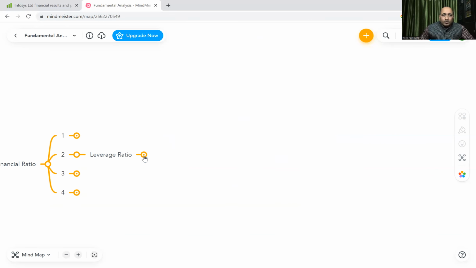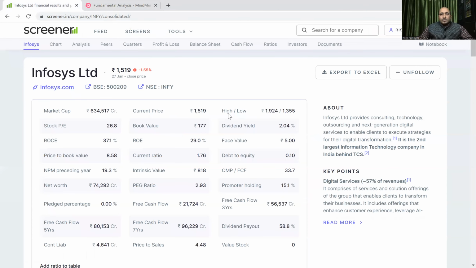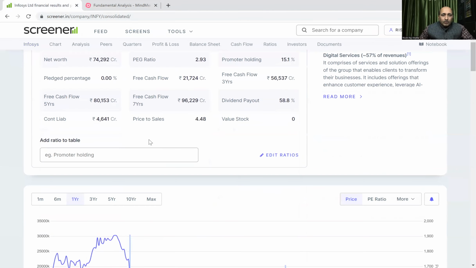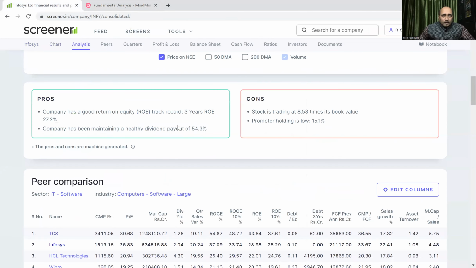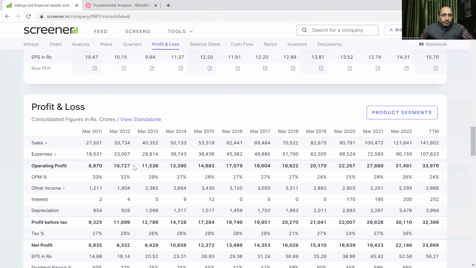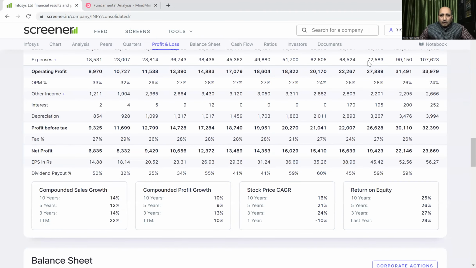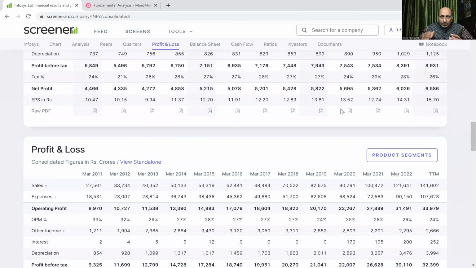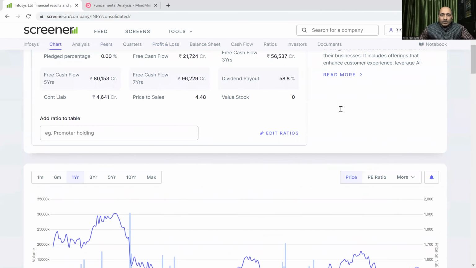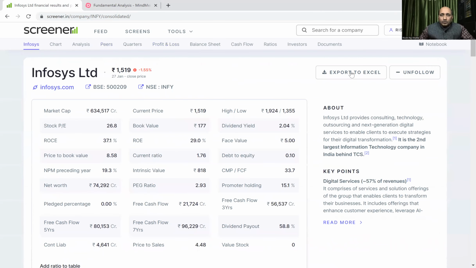We should go to screener.com and see all these four ratios there, how it is for any company. So here we see Infosys. Here you can find the profit and loss account and balance sheet. For easy understanding, we simply export to Excel.